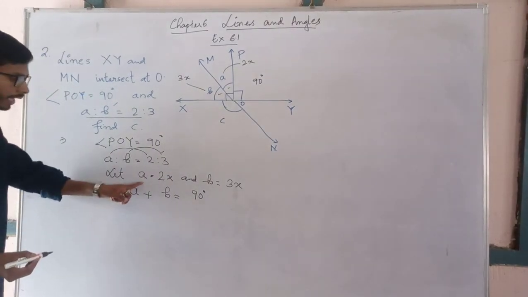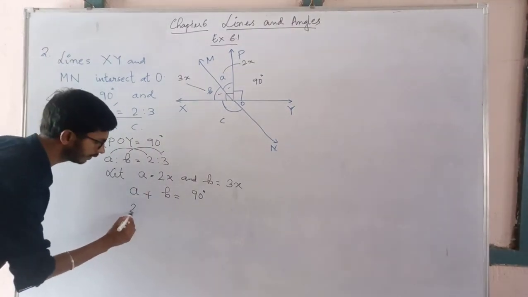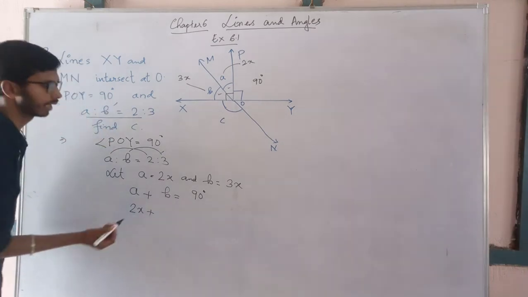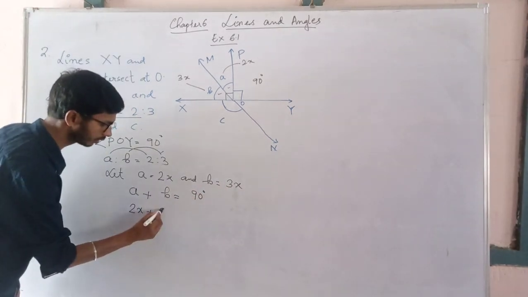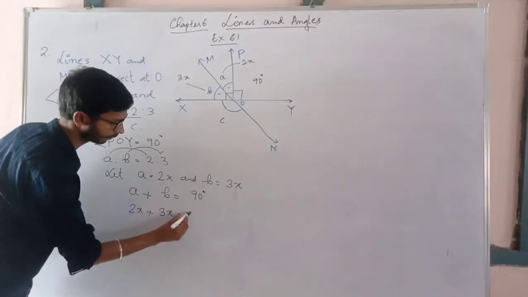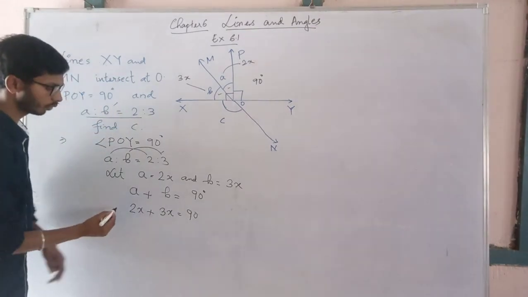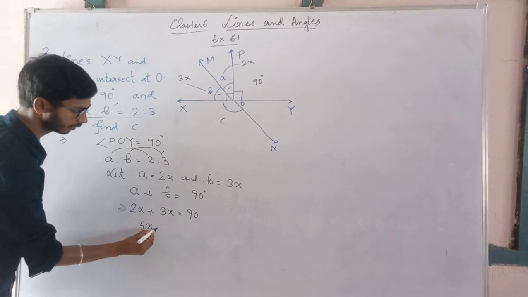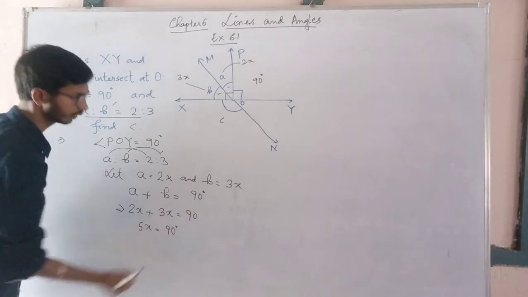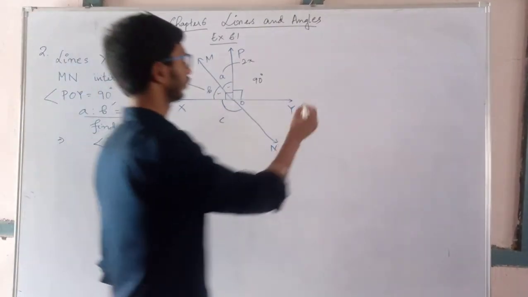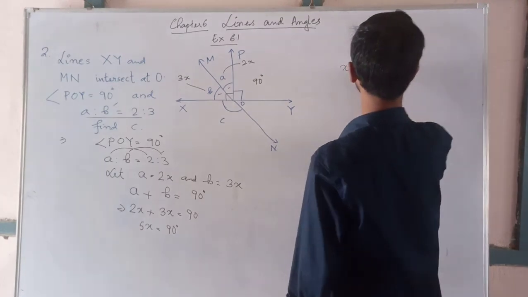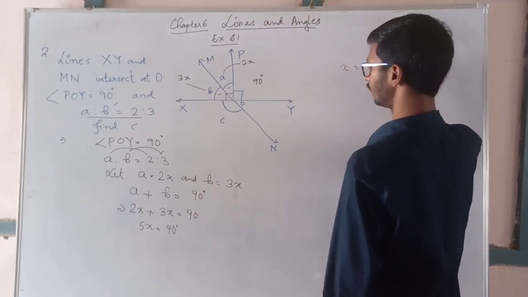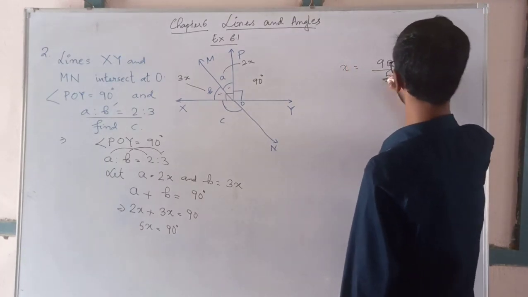Now what we have taken A? A is 2x and B is 3x. So 2x plus 3x is 5x equal to 90. So we will get x equal to 90 by 5.